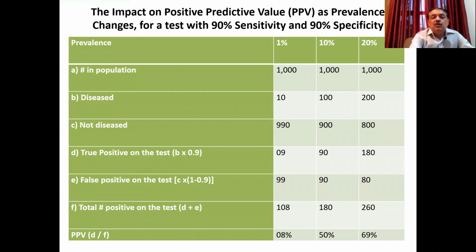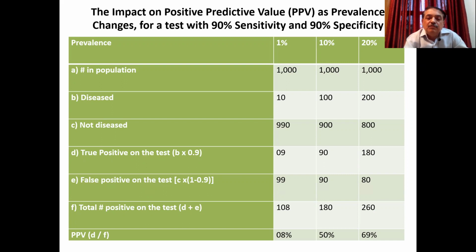Now, the impact on positive predictive value as prevalence changes for a test with 90% sensitivity and 90% specificity. So we have assumed that sensitivity and specificity are 90% and prevalence is 10%. We have already calculated. Here I wish to inform you about the impact of the prevalence.